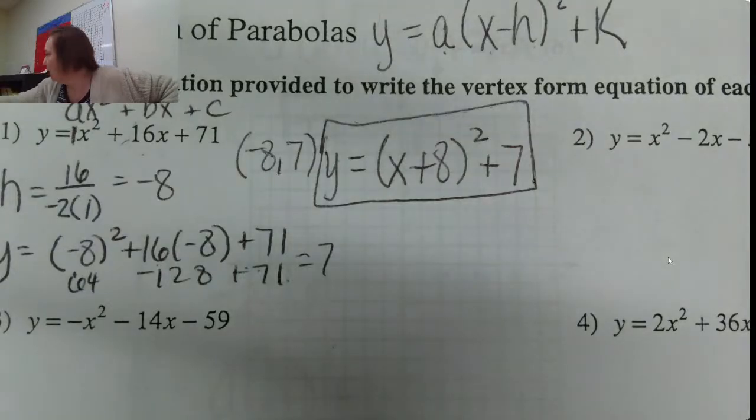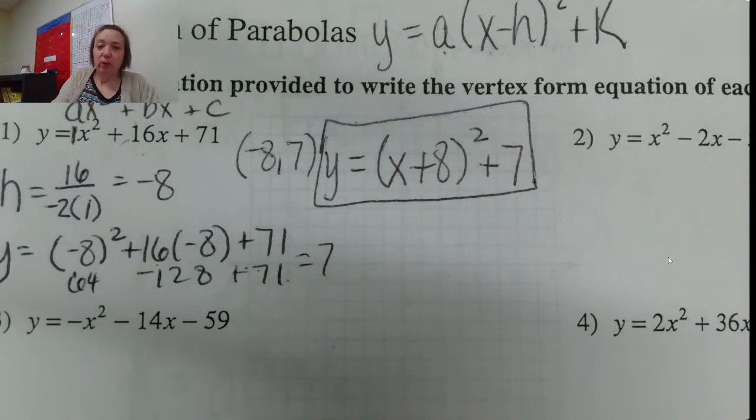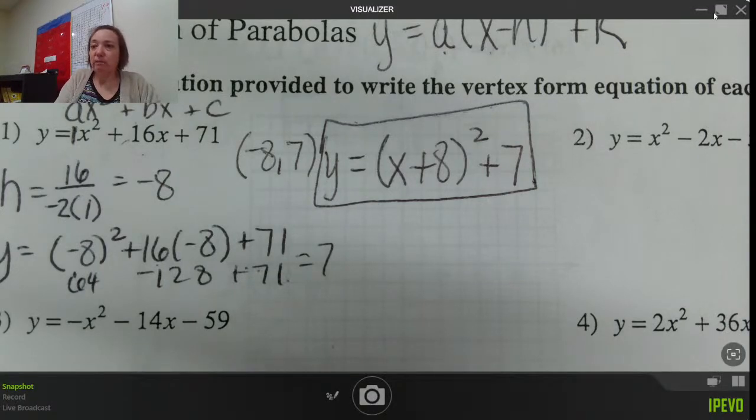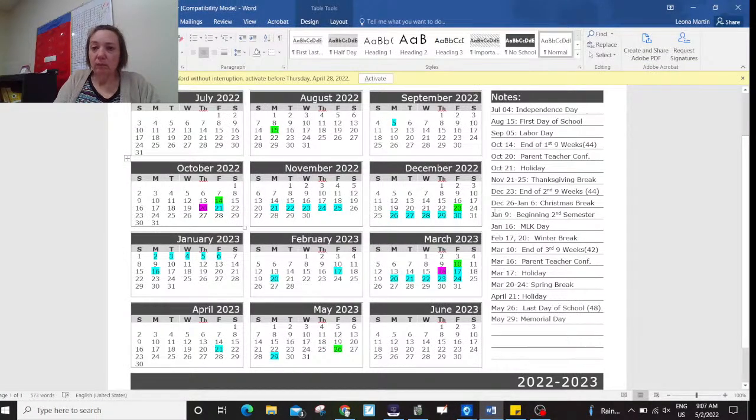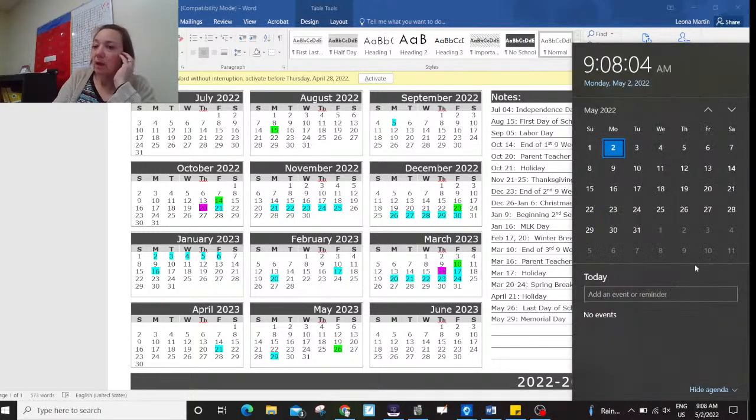So my plan is, I need to look at a calendar real quick so I can sort of talk about our plan. Oh, that's not our calendar. What am I doing? Okay, so this is our last day right here, right? The 27th. The rest of this week, we're going to do parabola stuff. The week after that, we're going to do dimensional analysis to help prepare you more for chemistry than for algebra 2. It's really for chemistry because most of you will be taking chemistry next year.